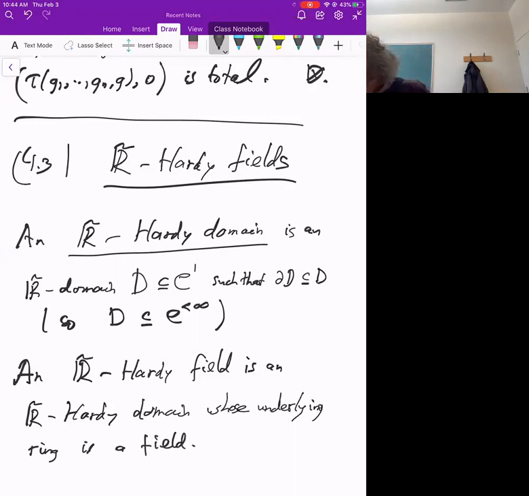For example, an R-L Hardy field, R-L being the ordered field of real numbers, is exactly the same as a Hardy field.